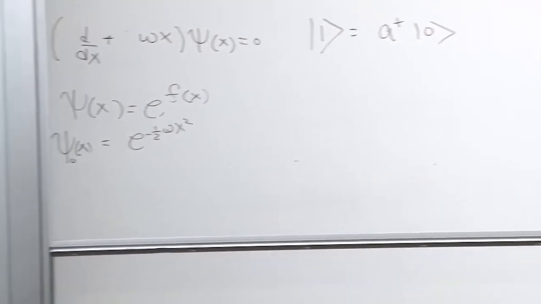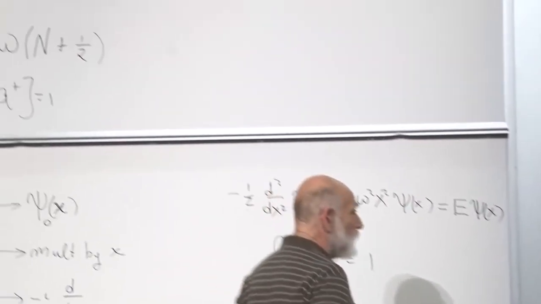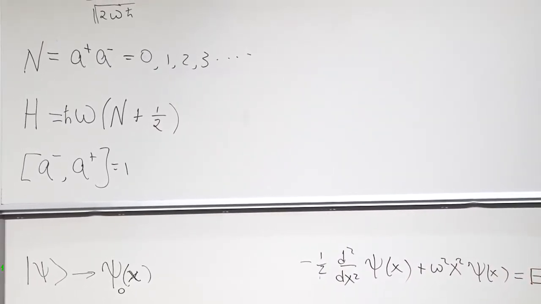Here's the ground state. A plus is P plus i omega x, and that will tell us what the first excited state is.